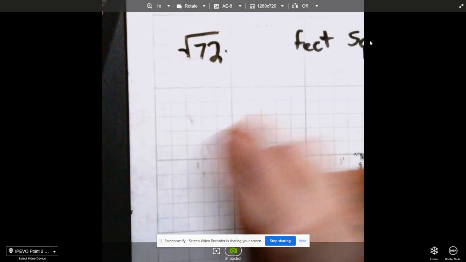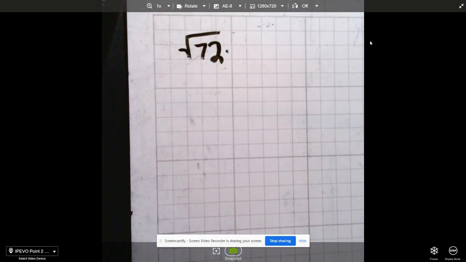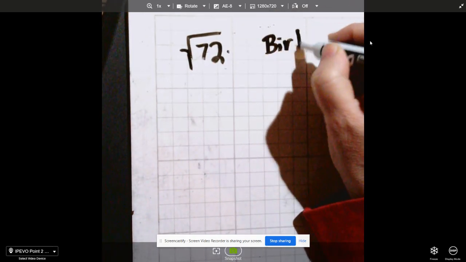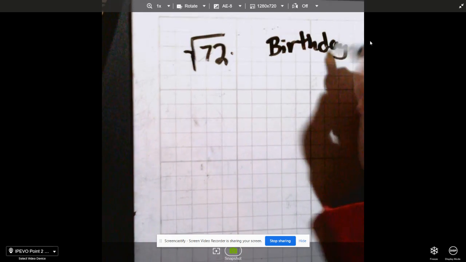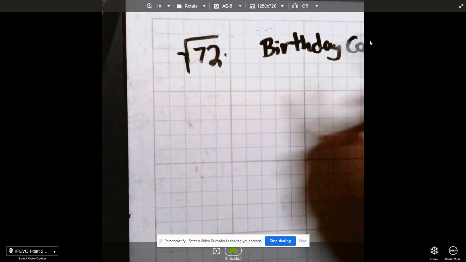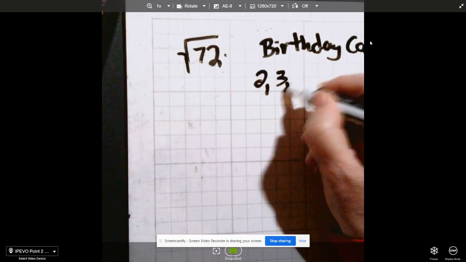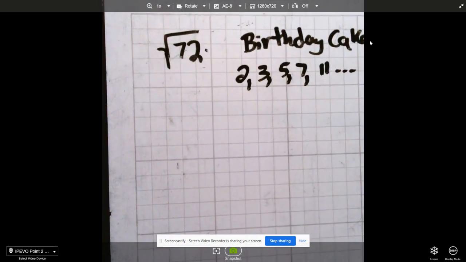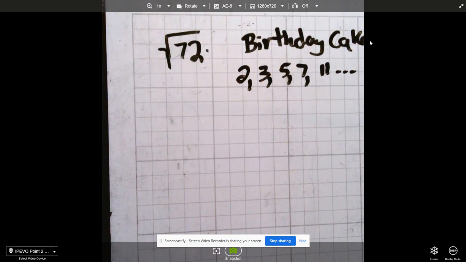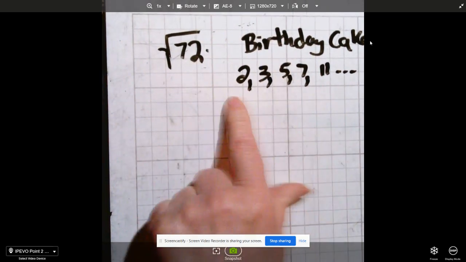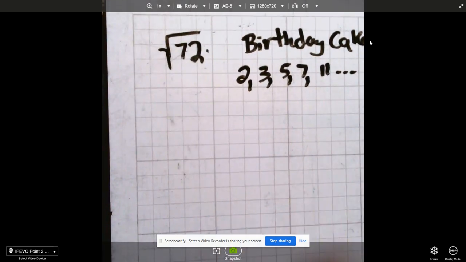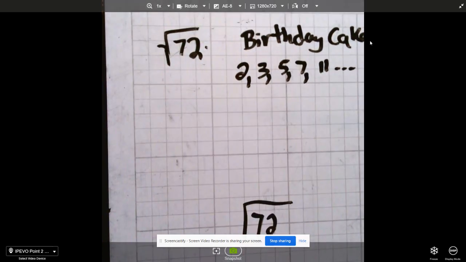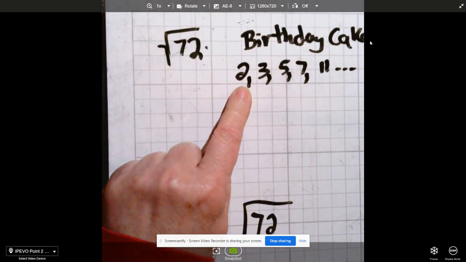Another method you can use is called the birthday cake method. In using the birthday cake method, you need to know the low prime numbers. So you're going to use prime numbers 2, 3, 5, 7, 11, maybe more, but probably mostly those. And you're going to keep dividing this number by the lowest prime number you can. This one works up, so I'm going to start down here. 72. Well, I know 72 is even, so I know it's divisible by 2.